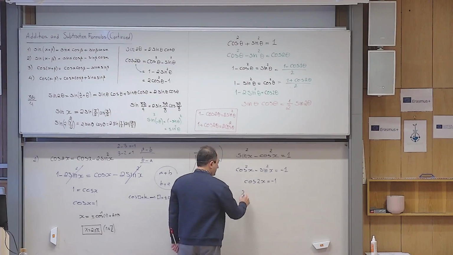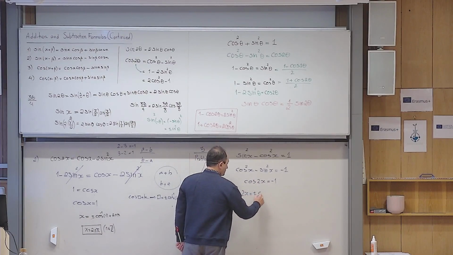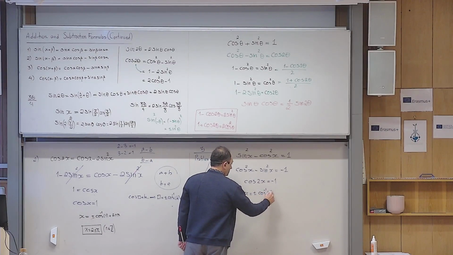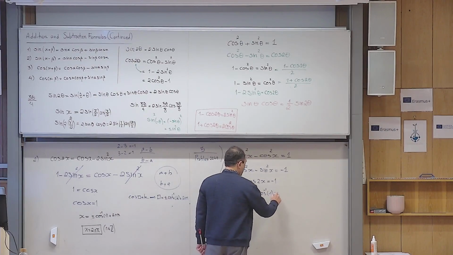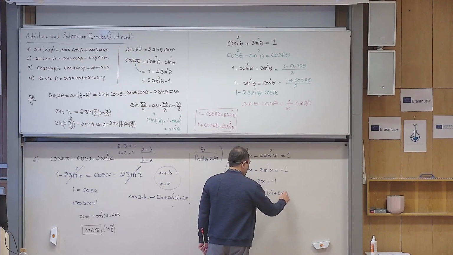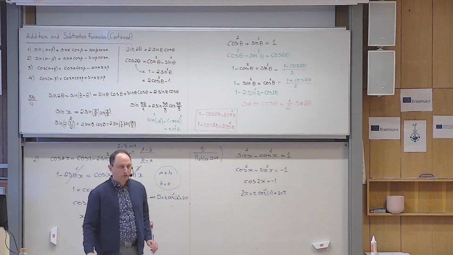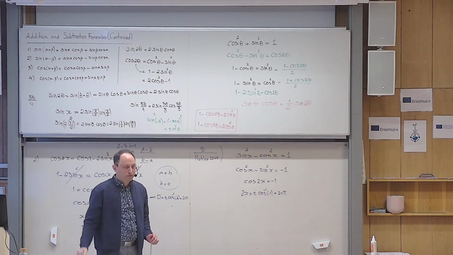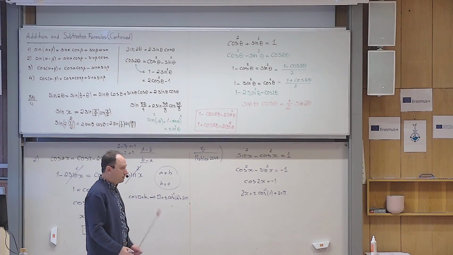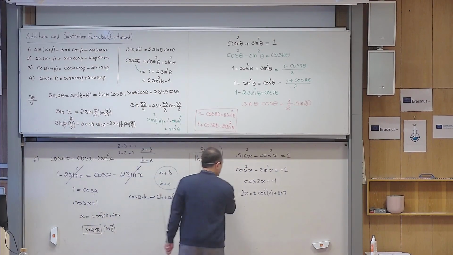So the box, which is 2x, is plus or minus cosine inverse of -1, and then plus 2n pi. But which angle has cosine -1? Do you remember? If you visualize it in your head, of course you have it in the table, but pi. So this becomes plus or minus pi.